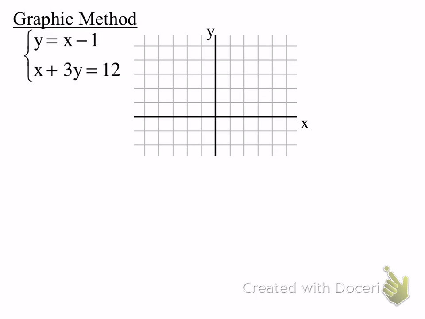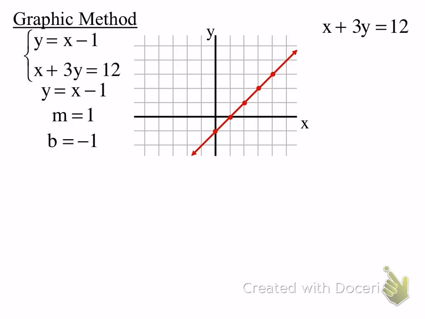If I'm doing the graphing method, first of all, it's time-consuming, and secondly, it's not that efficient. So look at the situation here. The first equation, remember we always have to identify our m and our b. My m is 1, my b is -1. I start at the y-intercept and I rise over run to the next few points. Do the same thing for the other equation, but I have to get y alone first.